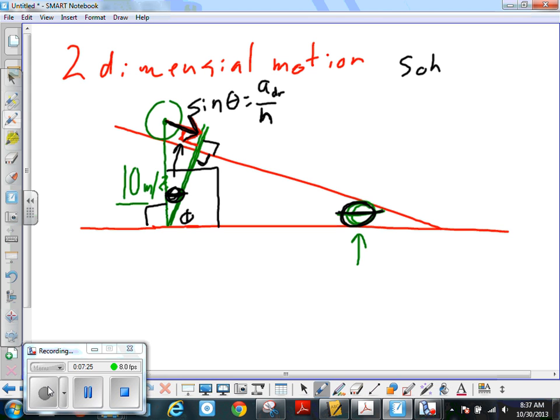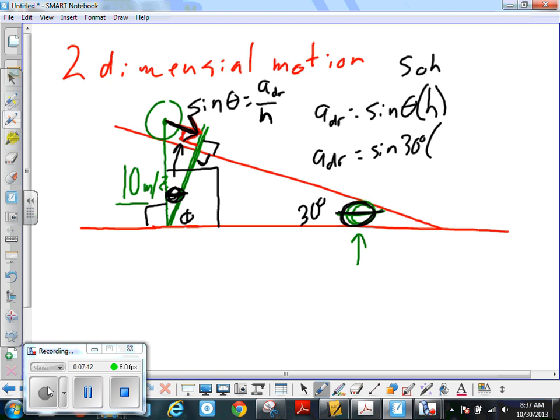In this case, the acceleration down the ramp is sine theta times the hypotenuse. I'm going to give this angle now, 30 degrees, so it's the sine of 30 times 10, which is 5 meters per second squared. And that's now our acceleration down the ramp.